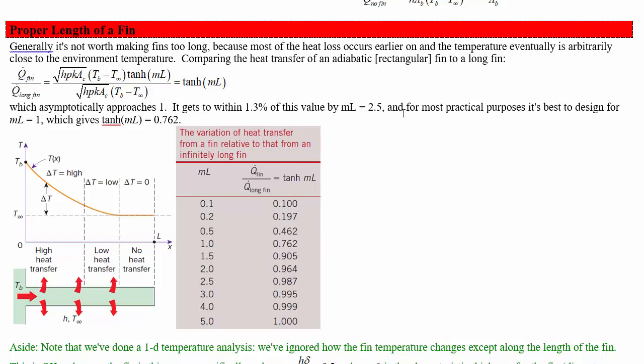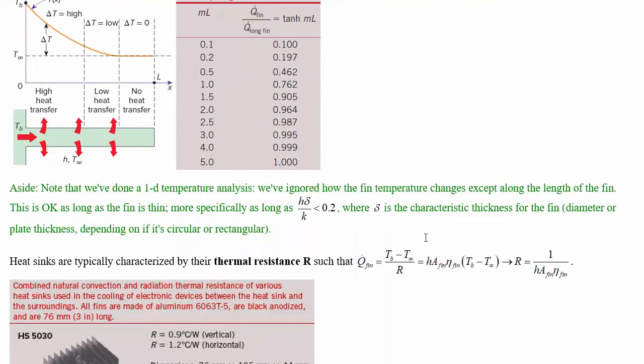Generally, for most practical purposes, mL equals 1 is about the proper length of the fin, and that corresponds to a heat dissipation of 76% of the heat dissipation you could get if it was infinitely long.